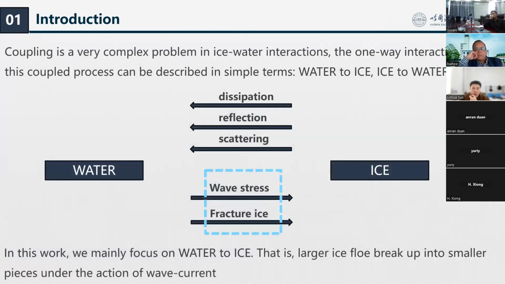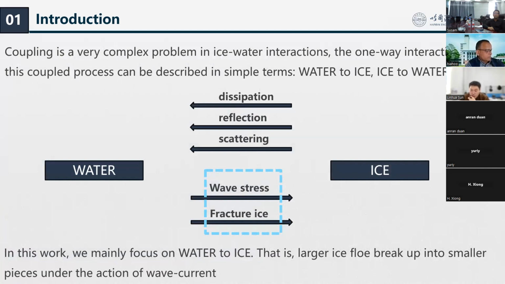Coupling is a very complex problem in ice-water interaction. The one-way interactions of a decoupled process can be described in simple terms. One is wave to ice, and another is ice to water. When the incident wave passes through the ice, it will be attenuated by the reaction of the ice, including dissipation, scattering, and reflection.